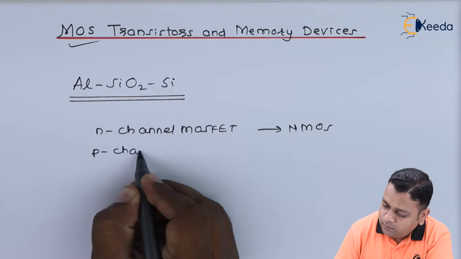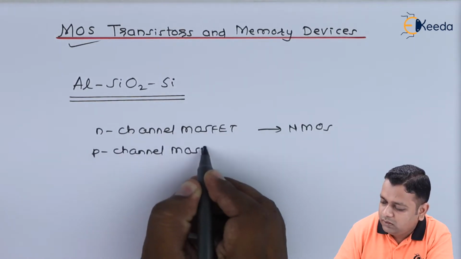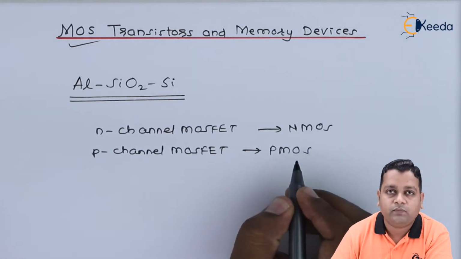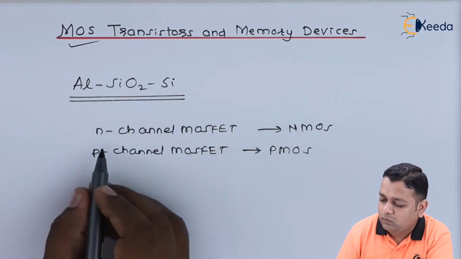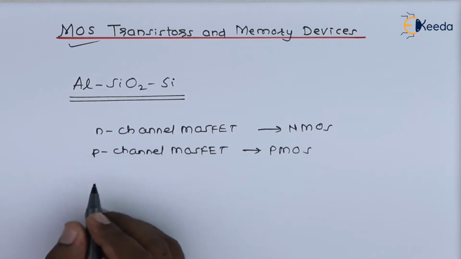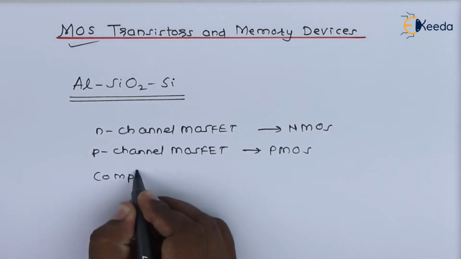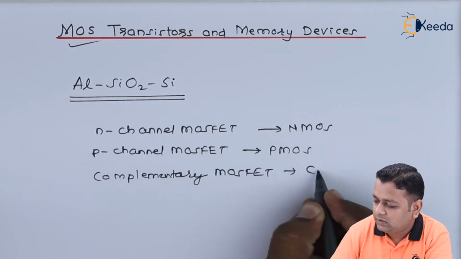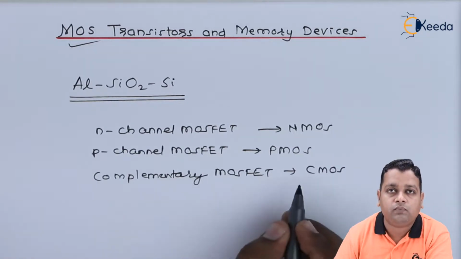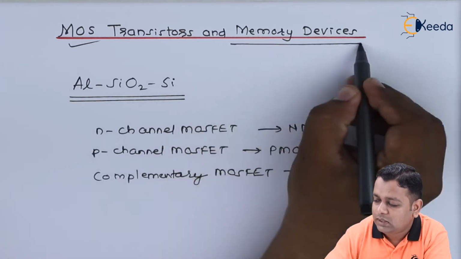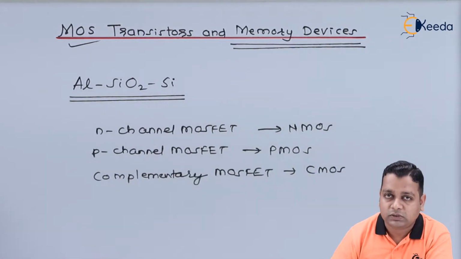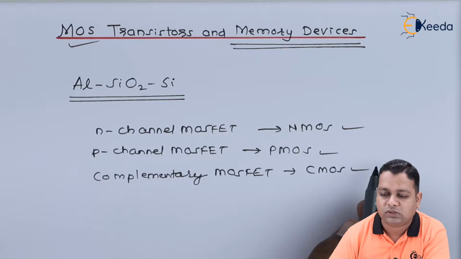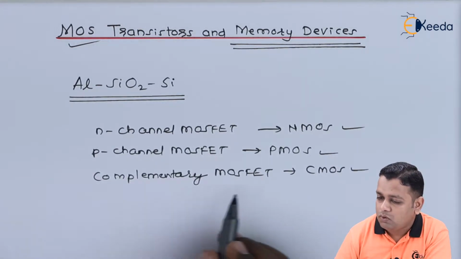Similarly, P channel MOSFET can be abbreviated as PMOS, and the extension to them involving both NMOS and PMOS is the complementary MOSFET, called CMOS, and it is very popular to make memory devices. That is the important one we are going to address in this particular video. So NMOS and PMOS along with CMOS, the abbreviations we shall be using throughout this video and further.